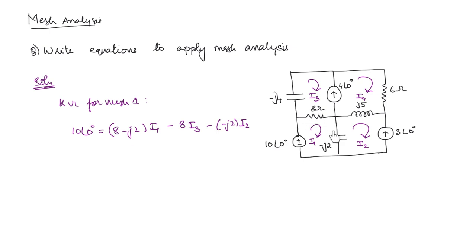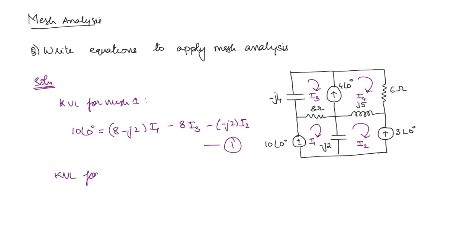The sum of both the impedances through which I1 is flowing into I1. Now through each of these impedances, another current is also flowing. Through 8 ohms, I3 is flowing, which is opposite to I1. So minus 8 I3. Similarly, I1 is flowing like this, I2 is in the opposite direction. So minus of minus j2, I2. So this is the equation for mesh 1.